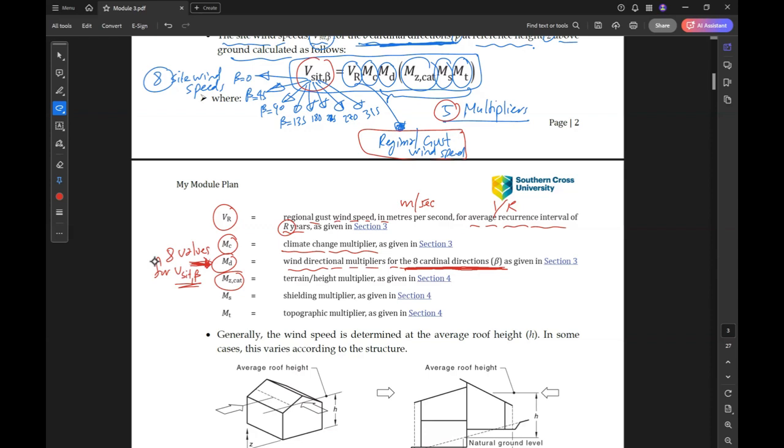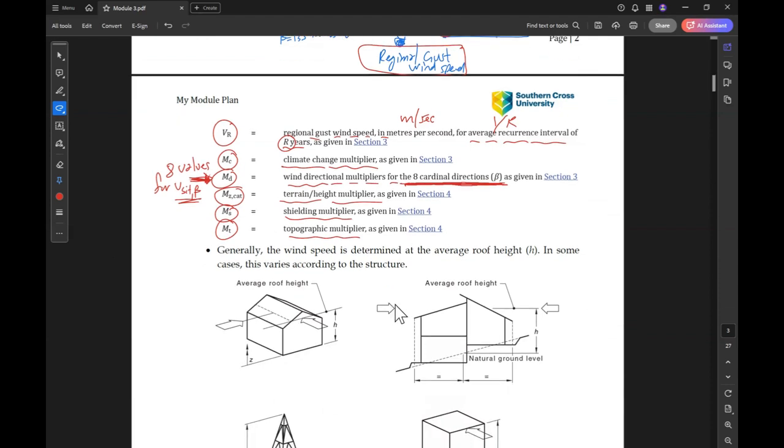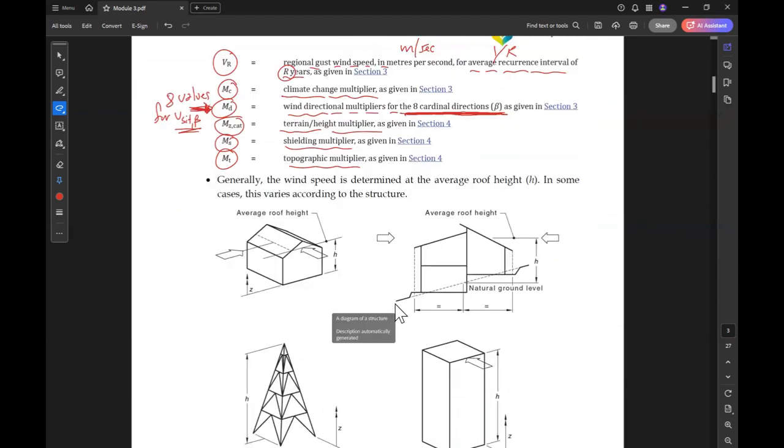And then MZ category is the terrain height multiplier. MS is the shielding multiplier. MT is the topographic multiplier. So these are generally what we need to calculate to find the site wind speed, which will guide us to find the design wind speed. Do you have any questions, guys, up to now?